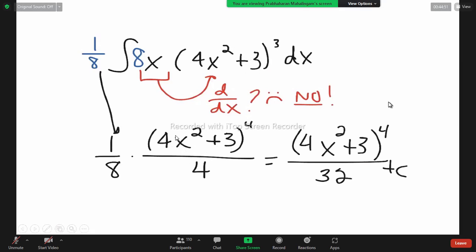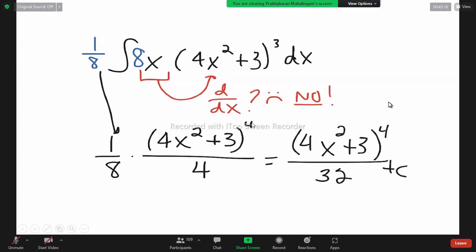It should be 4x square plus 3, the whole thing in the bracket. Put 1 power more, divide by 1 power more, and multiply by 1 over 8. So 8 into 4 is 32. Now the answer is 4x square plus 3 to the power 4 divided by 32 plus C. This is the answer.